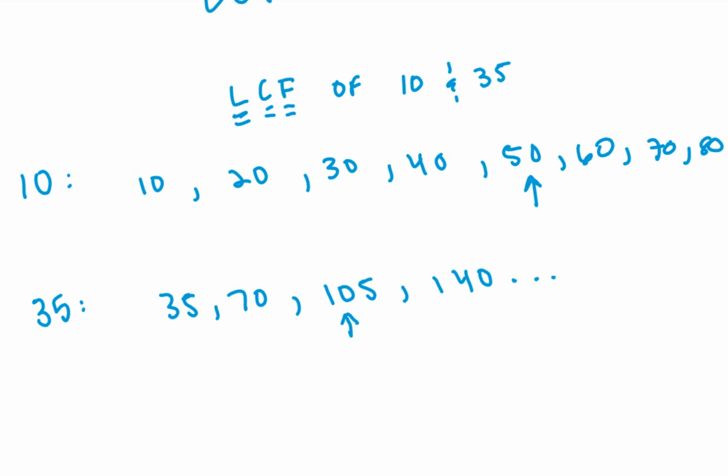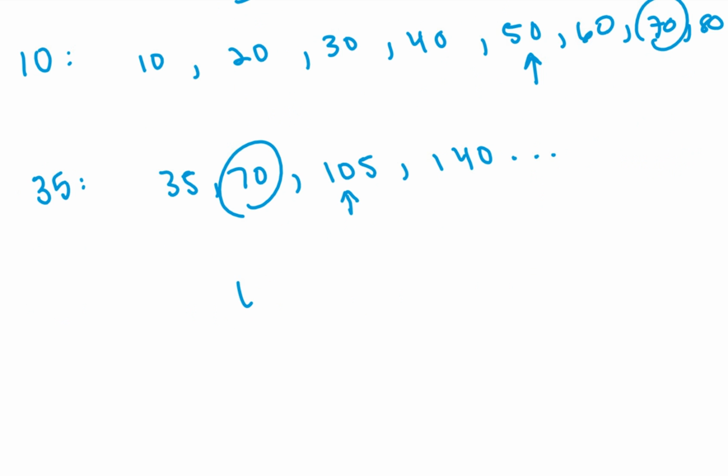So we have 10, 20, 30, 40, 50, 60, 70. And we have 35, 70, 105, and 140. You can identify that there is a common multiple in both of these. We have 70 right here, and we have 70 right here. Therefore, the least common factor would be 70 for 35 and 10.